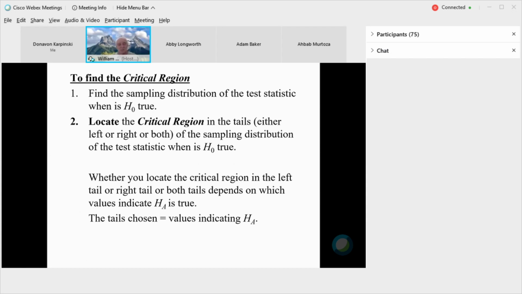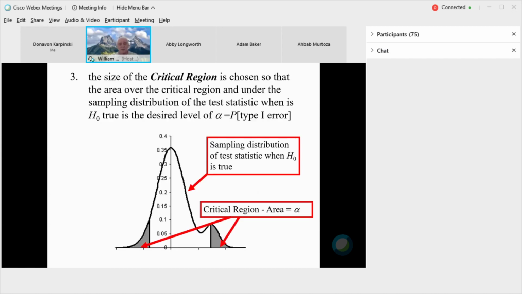The critical region can be split up into the two tails or be in just one of the tails. The size of the critical region is chosen so that the area over it, when H0 is true, is equal to alpha.